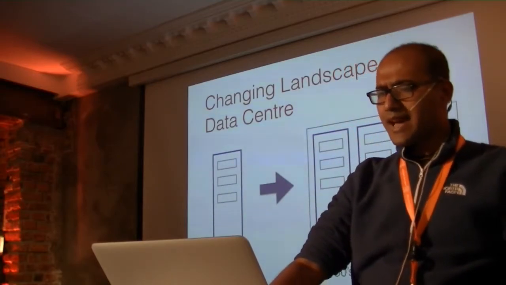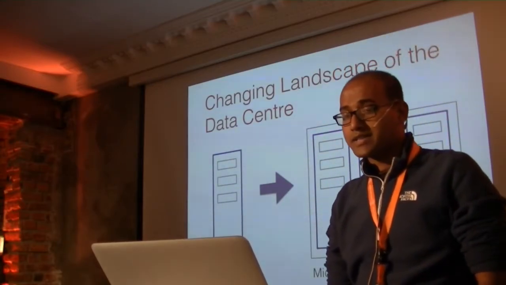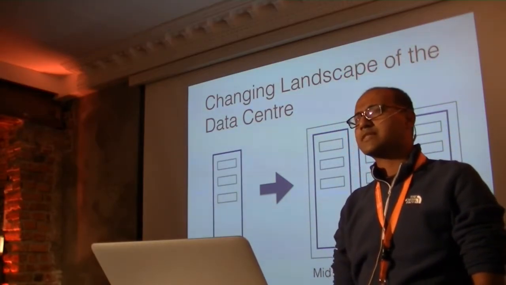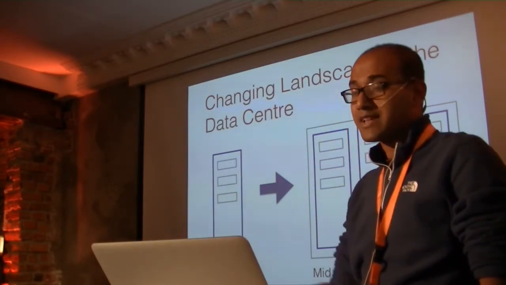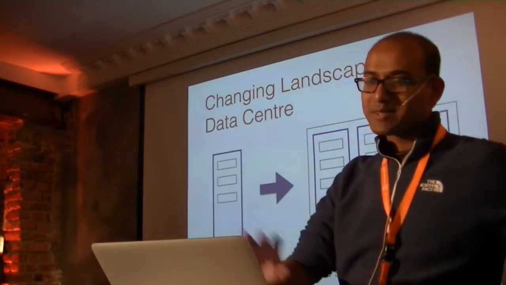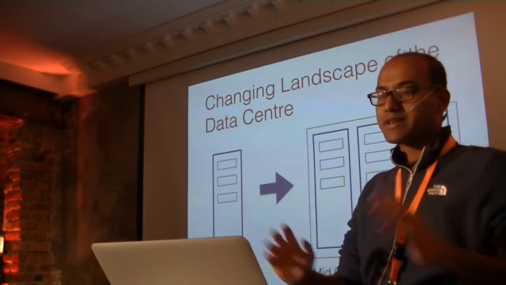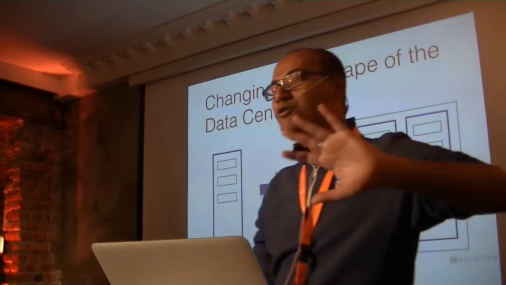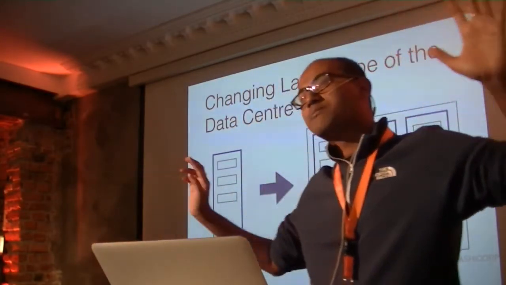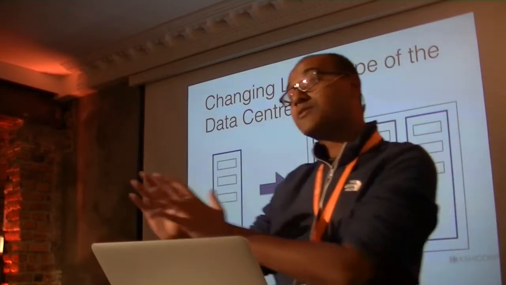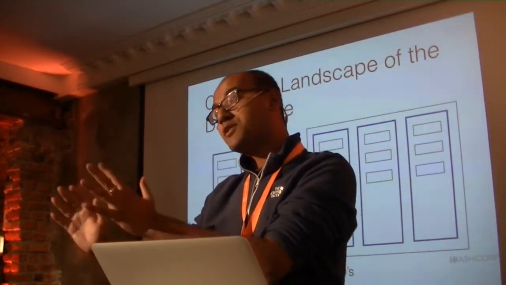So the data center has changed a lot as well. The data center in the mid-80s was pretty much like a single machine, like a mainframe. I was not there back then, so I don't know how things used to work, but this is pretty much what history books tell me, that the 1980s was all about a single computer occupying a whole building. Then came the mid-90s, when the internet was still not quite there in the part of the world where I grew up.